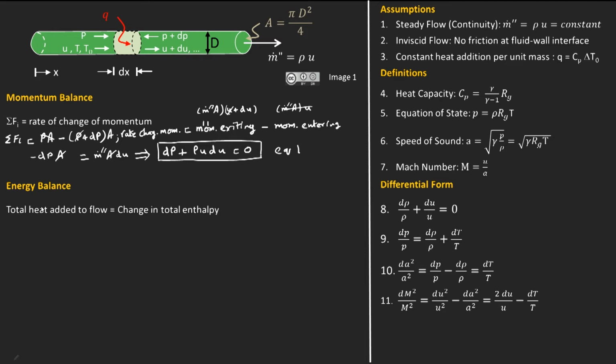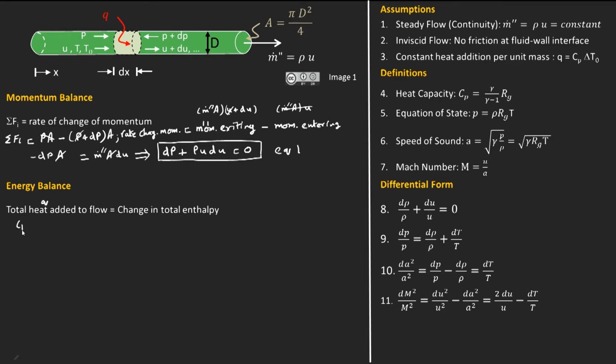We know that total heat added, Q, can be written as Cp times delta T naught. So let me just denote that this is going to be Q, and this will be the change in total enthalpy. We'll come to that in a second, but we know Q can be written as Cp times delta T naught, and this is per unit mass.